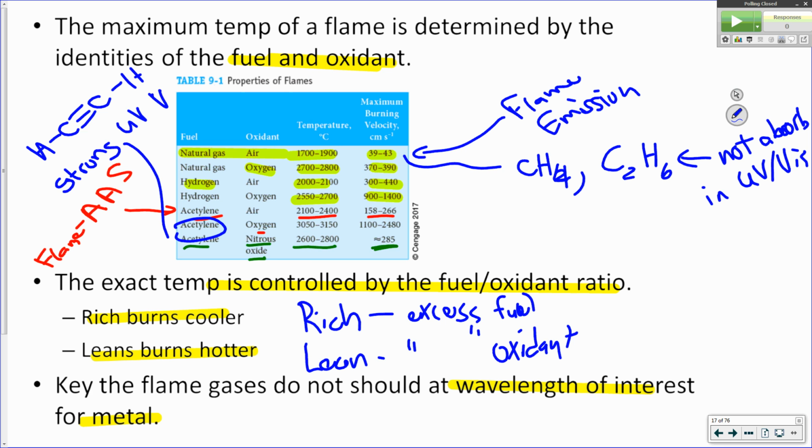We have to make sure that it's not going to absorb at the wavelengths that we're going to analyze at, or we have to completely consume all of it. So if I had something that absorbed strongly down at 220 where acetylene absorbs strongly, I'd have to make sure that I'm running a pretty lean flame, so I would consume 100% of the acetylene going into the torch.